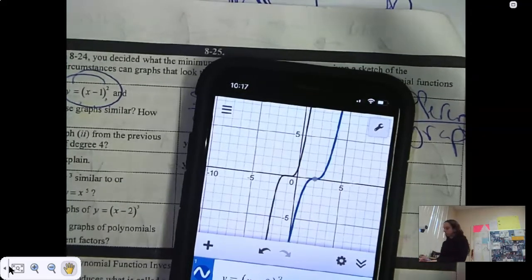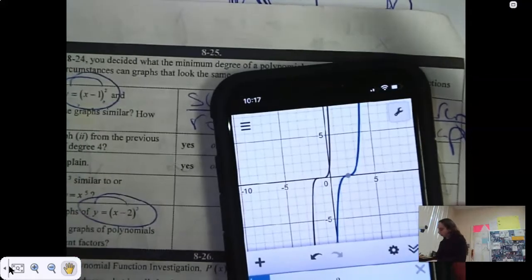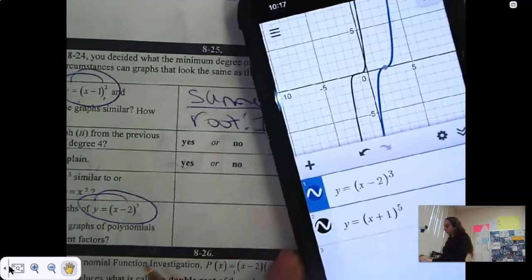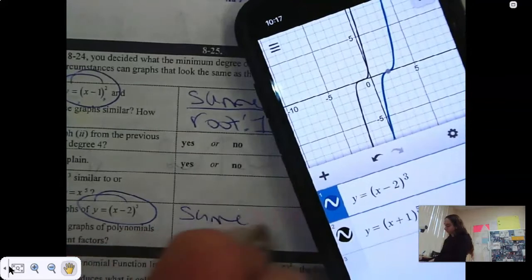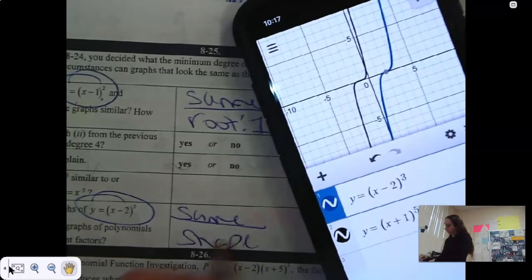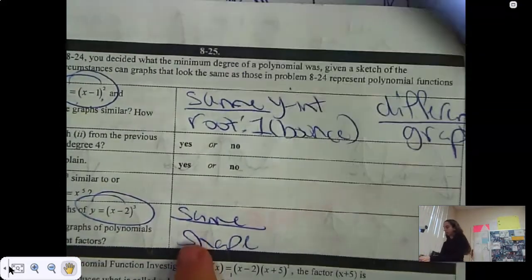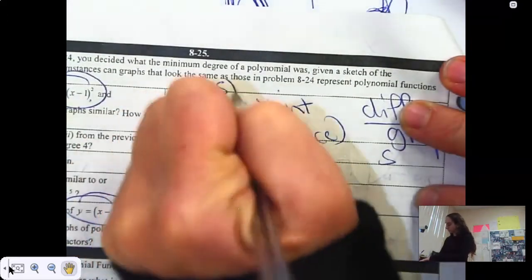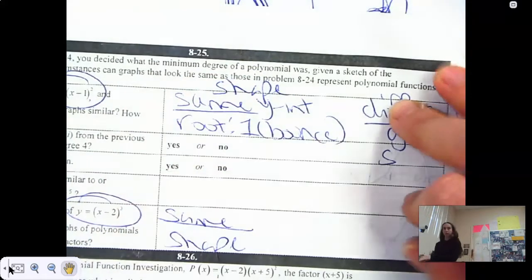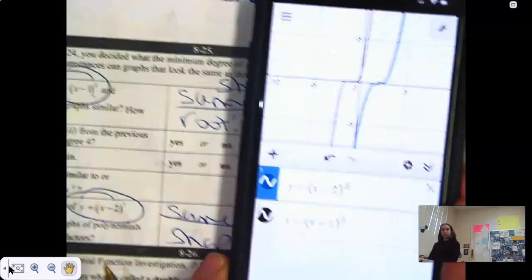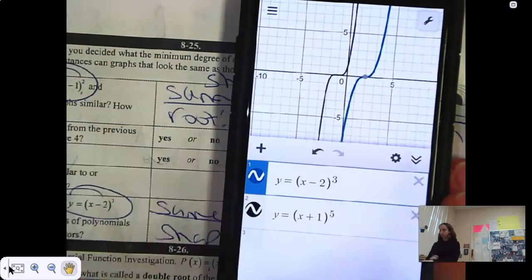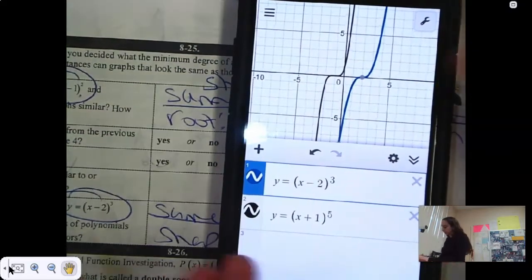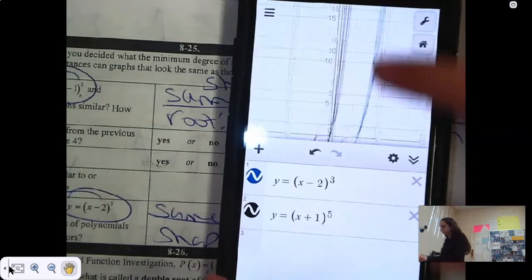Okay, so what they want now is the difference between these two. So what's the same about them? They have the same shape. Ooh, and I should add to the differences over here, the shape is the same. Okay, so the shape on that is the same because they're both looking like that. Okay, even though it's to the fifth power, so there's probably some bounce somewhere.